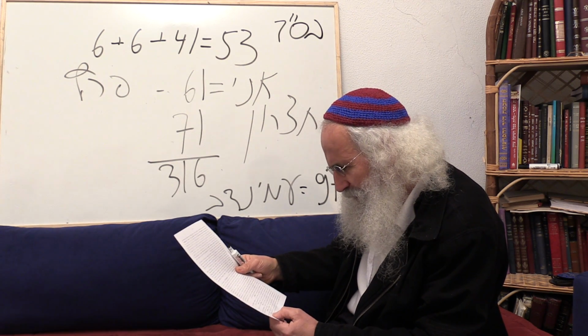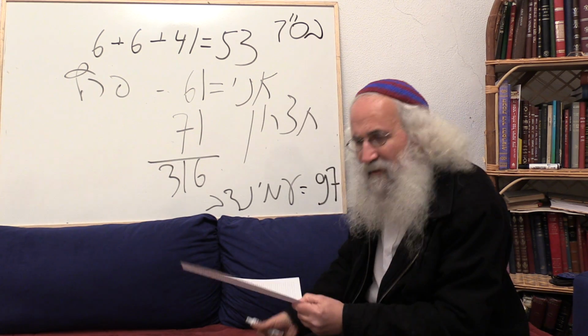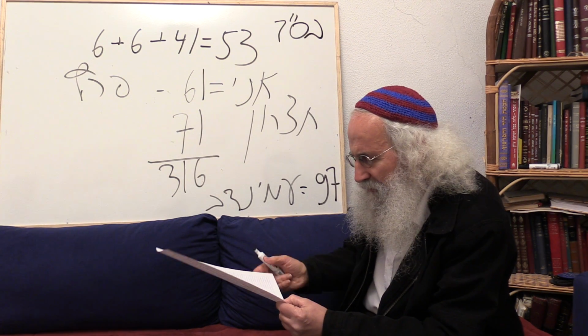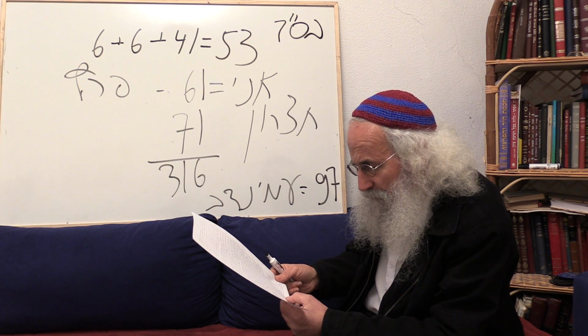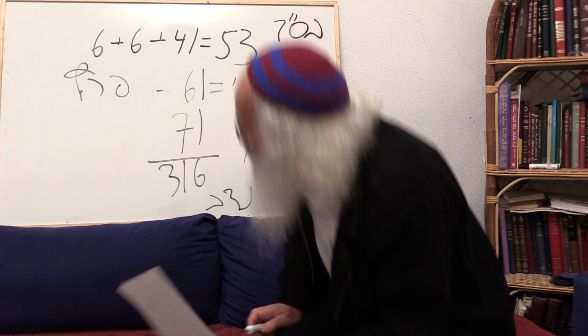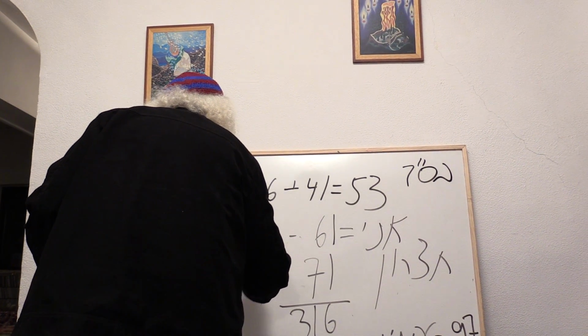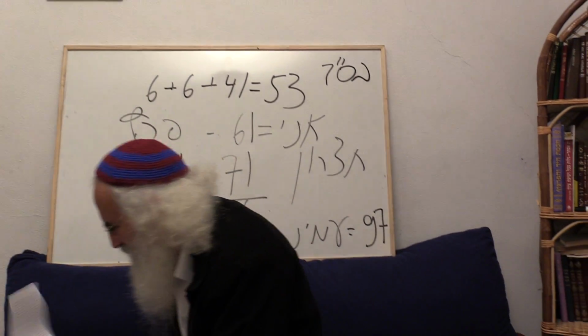Very important number. His son is Nachshon, which means a small snake, which goes with the number 113. After we have Salmon with the number 131. It's interesting that the Torah gives Salmon two names.